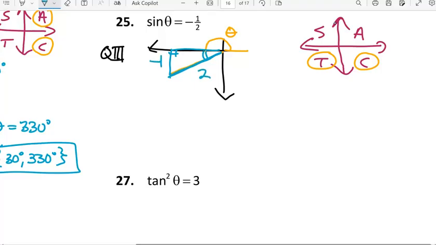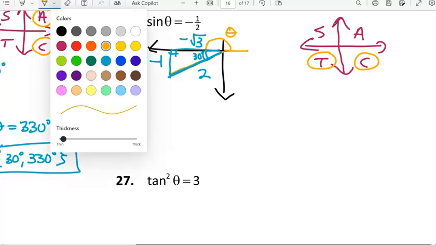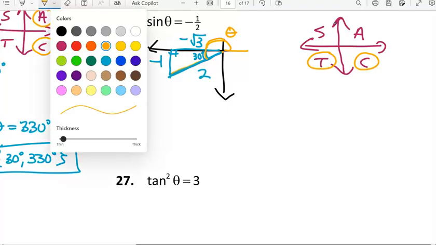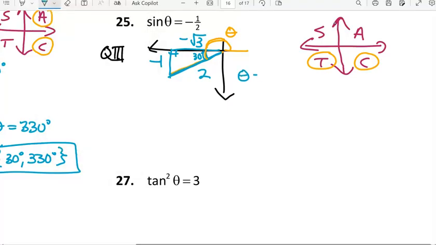So opposite is -1, hypotenuse is 2. That's going to give us an adjacent side of -square root of 3, and that's going to be a 30-degree reference. When we're in quadrant 3, the angle theta that goes all the way a half turn plus an additional 30 will be theta equal to 210.